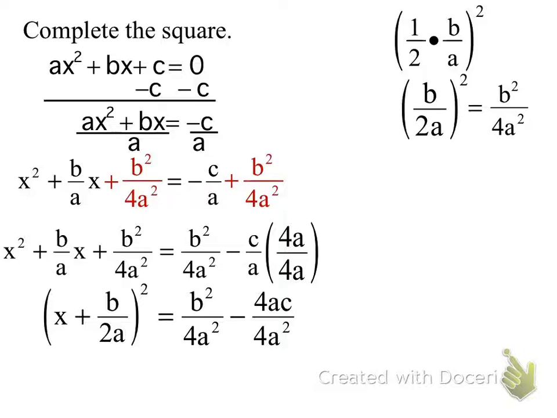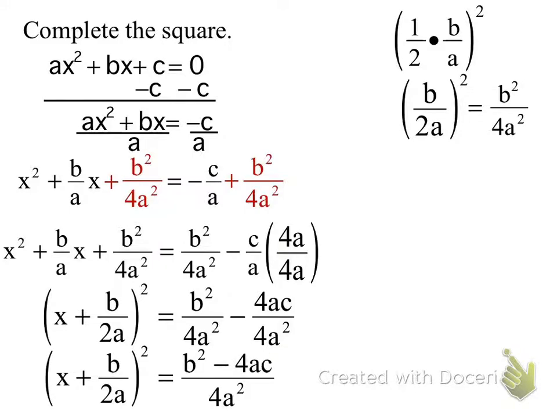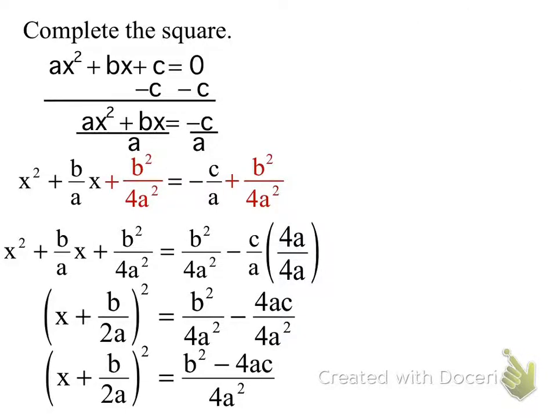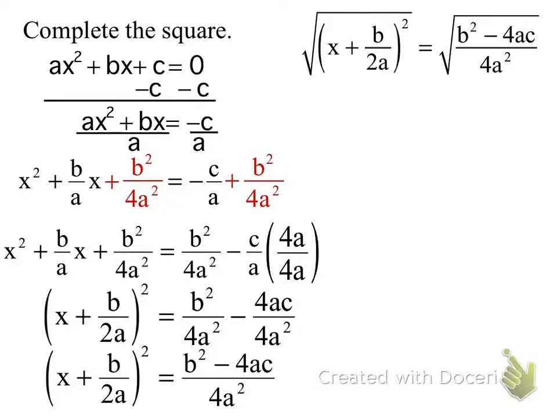And I can factor the left side. B squared minus 4AC all over 4A. I probably would have just written it all over 4A at this point, skipped this step and gone right to this next one. Now what do I do with that? Don't be rude, just root it. Both sides. On the left side, what do I get?